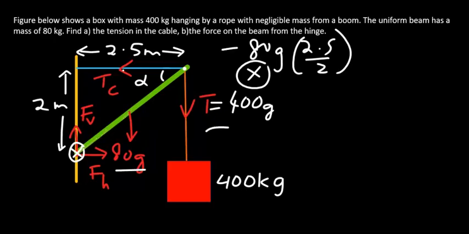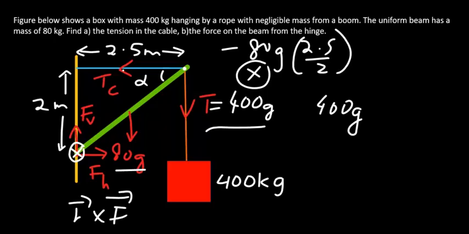Now let's do the second term, the tension in the rope. The force itself is 400 times gravity. The vector r in the expression for torque goes from the axis of rotation to where the force acts in that direction.